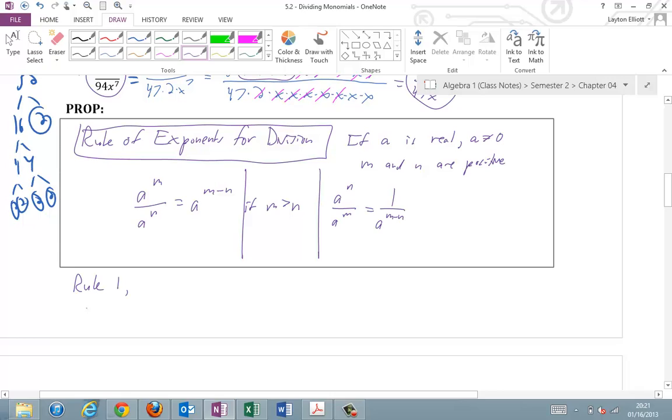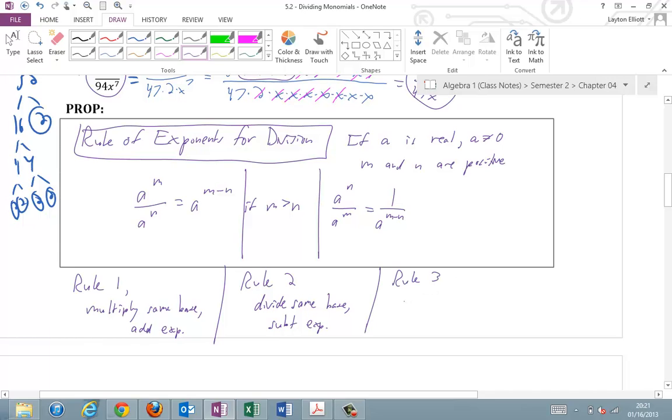Rule 1. Multiply the same base. Add the exponents. Rule 2, which we just did up above. Divide same base. That little a was the base. Divide same base. Subtract exponents.